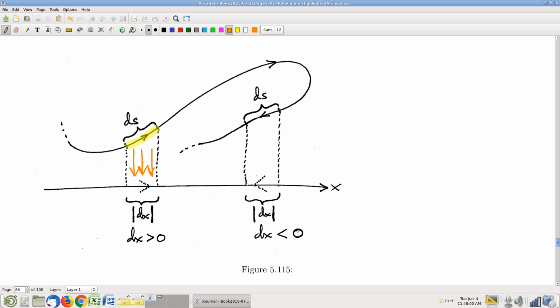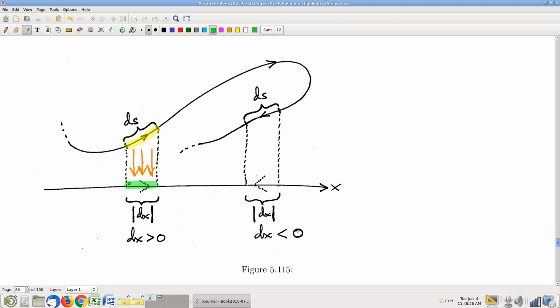When that piece of curve projects down to the x-axis, there's going to be a little shadow down here. Right? And I appeal again to your sense of how stuff works. The size of this shadow is the absolute value of dx.